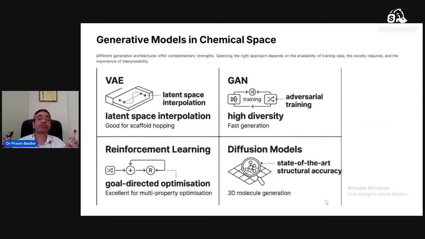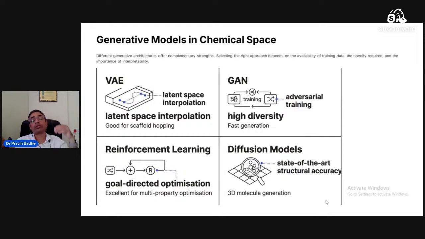So these are some of the generative models which can be used in the chemical space. VAE is good when scaffold hopping is needed. If you want fast generation, then the generative adversarial network, the GAN, can be utilized. The third one is reinforcement learning, which you can utilize for multiple property optimization.